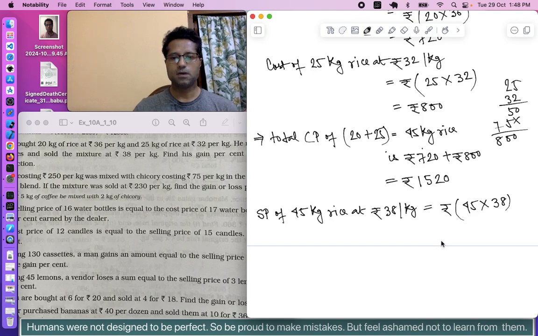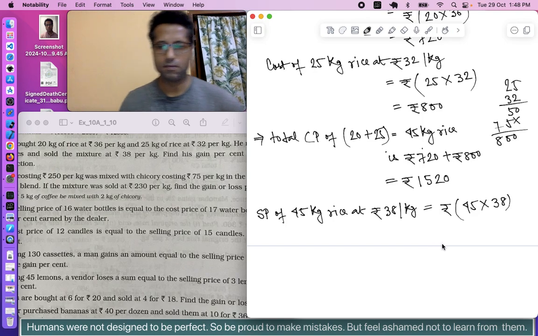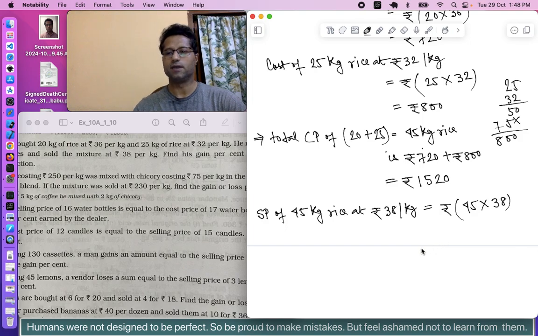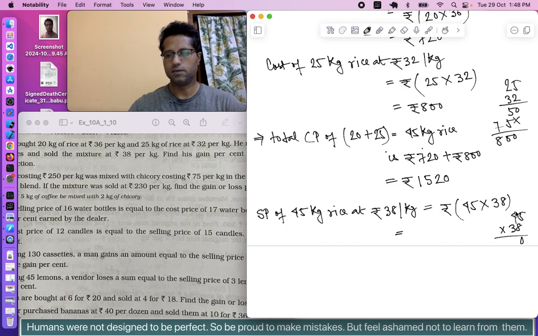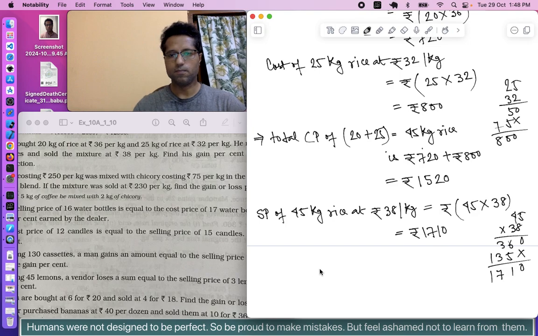So this is the selling price of the total amount of rice, that is 45 kg rice, which is equal to 45 multiplied by 38, which is 1710.